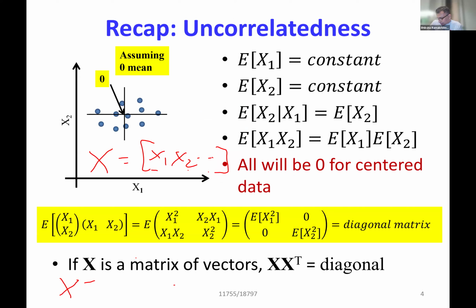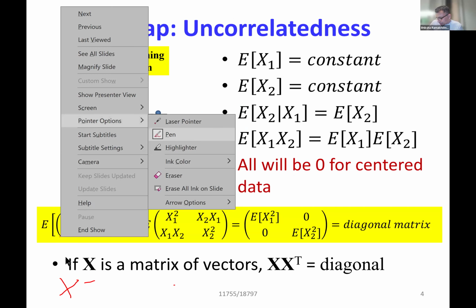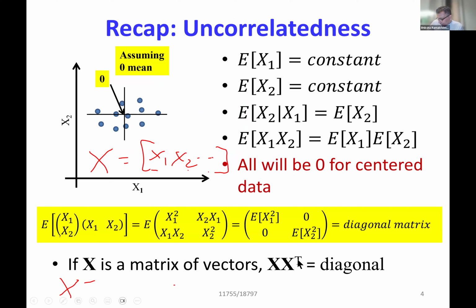So if I have a data matrix of this kind, then the outer product of X and X transpose is simply going to be the average of the outer products of the individual vectors in the matrix, or rather the sum of the outer products of the individual vectors in the matrix. And if the components of these vectors are uncorrelated, that means this outer product is also going to be diagonal. So that's what uncorrelatedness means.